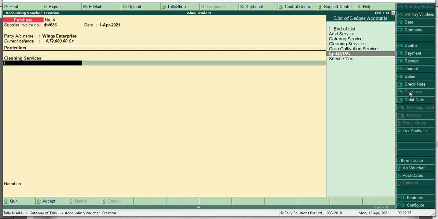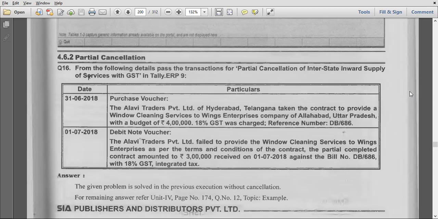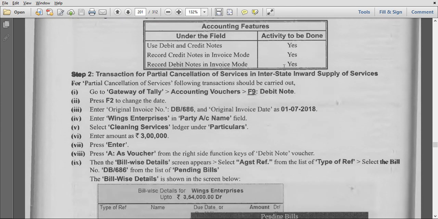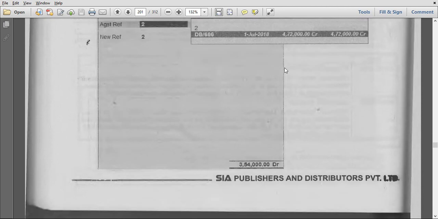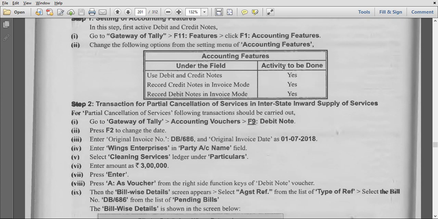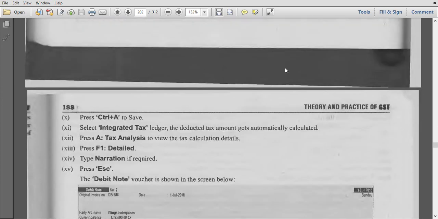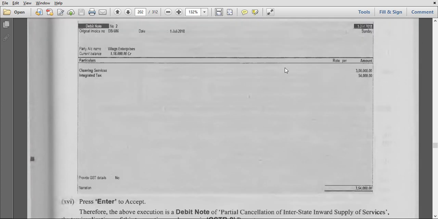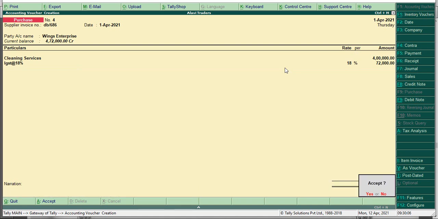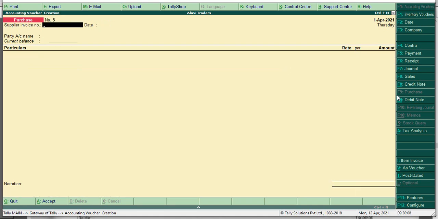Here we have only IGST of 18%. That is 4,72,000.